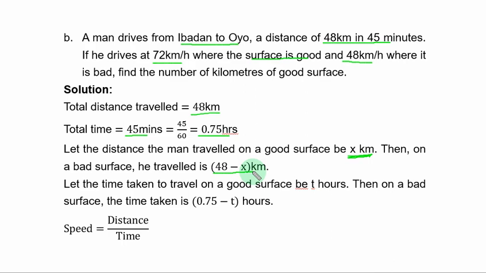So let the time taken to drive on a good surface be T hours, and on a rough surface become 0.75 minus T, because total time is this. Speed is distance over time. So let's start from there to enable us find the number of kilometers S of good surface.